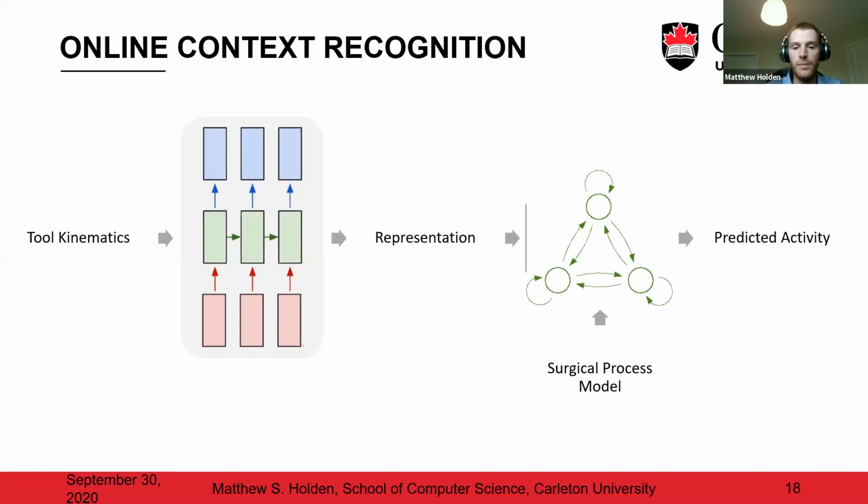And then based on the representation and that state transition model, we can predict the most likely ongoing activity. And if we can predict the ongoing activity, effectively that means we know the context of what's going on. That is, we know what's going on at any point in time.